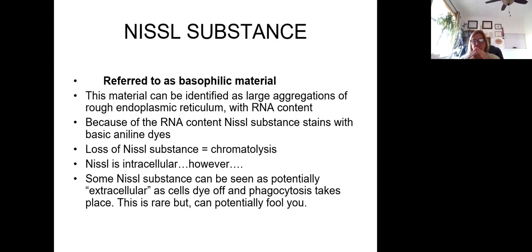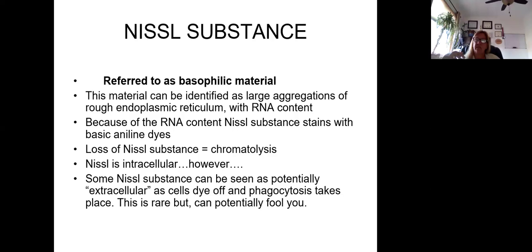If you have a neuron that's triangular shaped, and you get a cut that is, say, half of that triangular shape, that Nissl substance can appear to be extracellular.